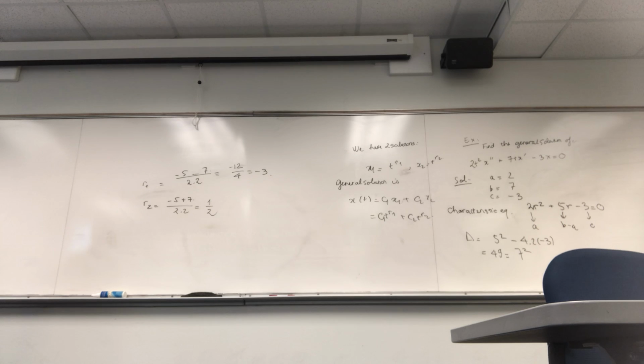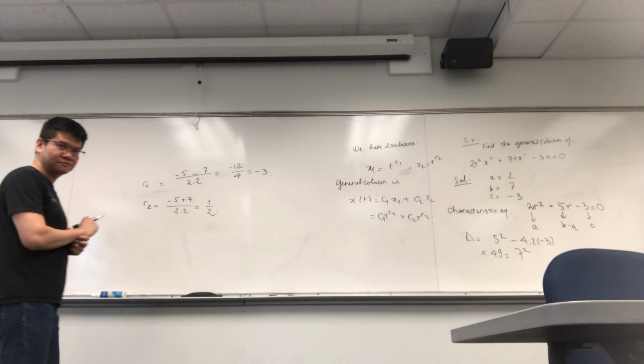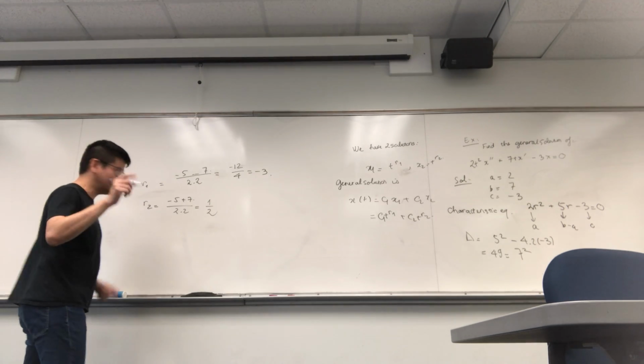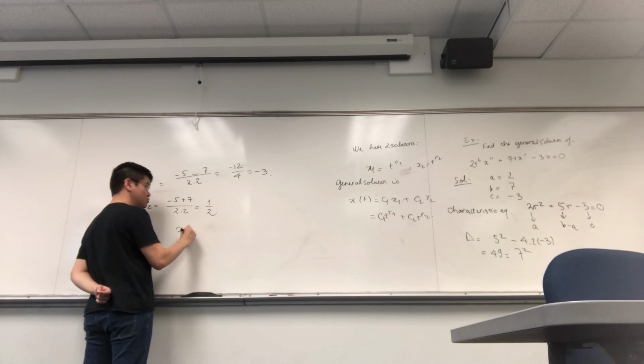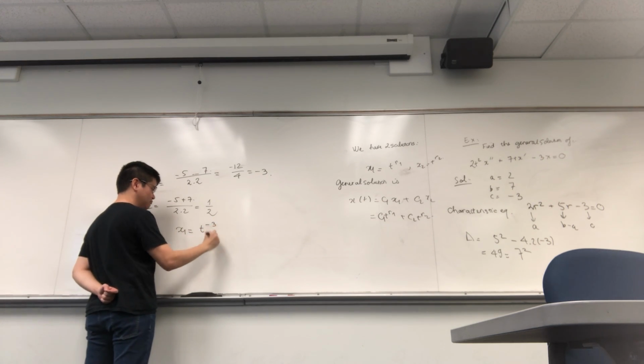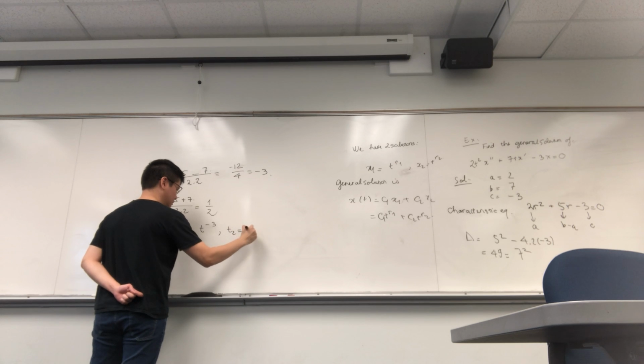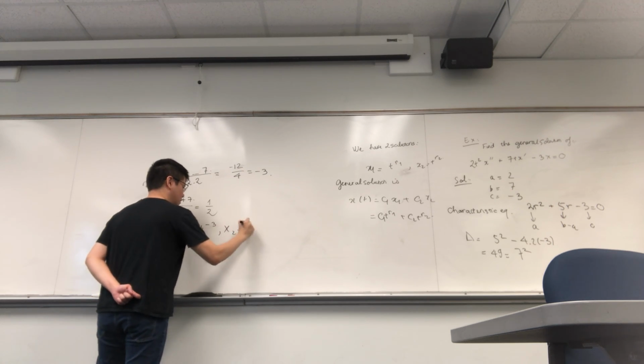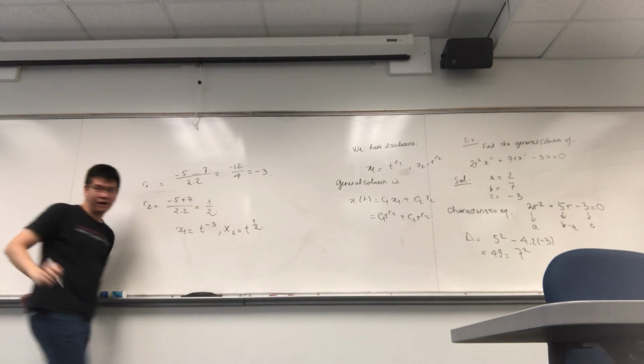What are the two solutions? The two solutions are t to the negative 3 and t to the 1/2. So the first solution will be t to the power minus 3, and the second one will be t to the 1/2.